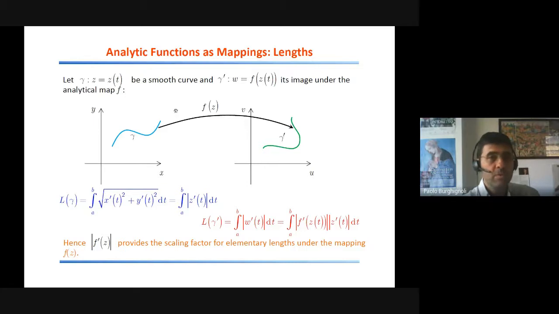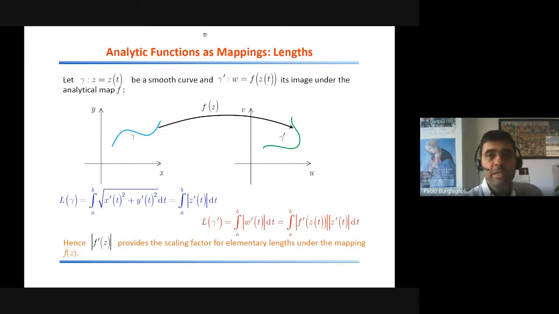Now, any smooth curve is represented by a map from a parameter t to, in this case, the complex plane, for example, the complex plane of the z variable. So you have a map z of the real variable t, where t is a parameter which belongs to a certain interval.